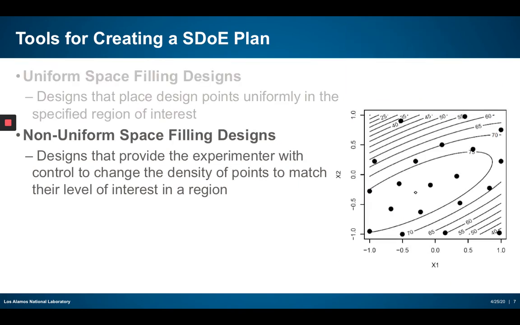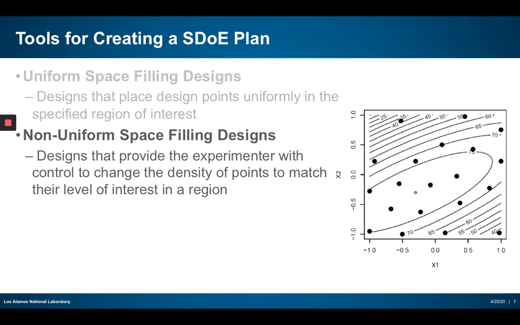The second tool is non-uniform space filling designs, and so these are designs that provide the experimenter with good control to change the density of points to match their level of interest. On the right-hand side, you can see that the user has provided some contours. So think of the contours as the peak of a mountain in the left bottom portion with the circle.